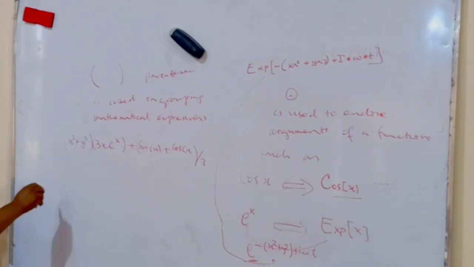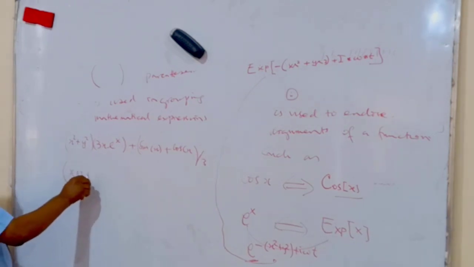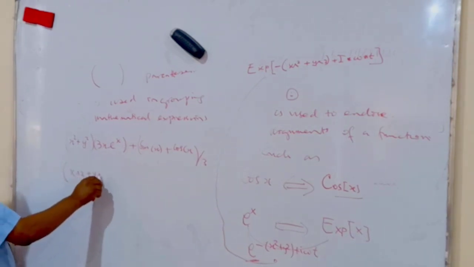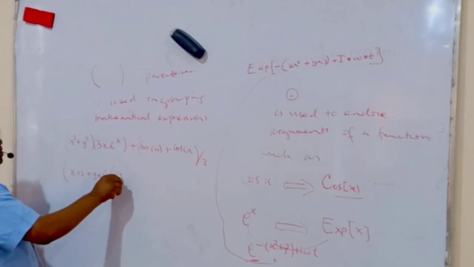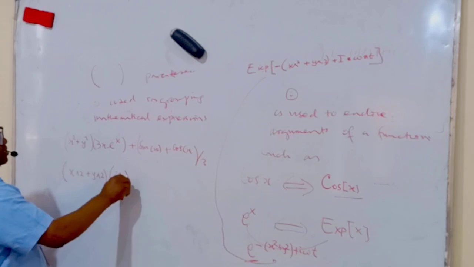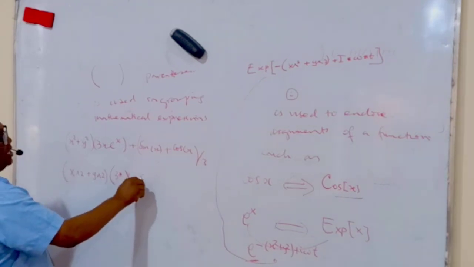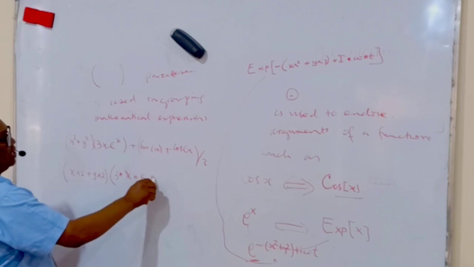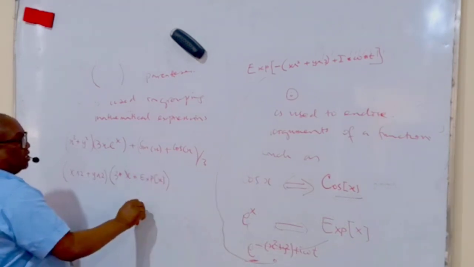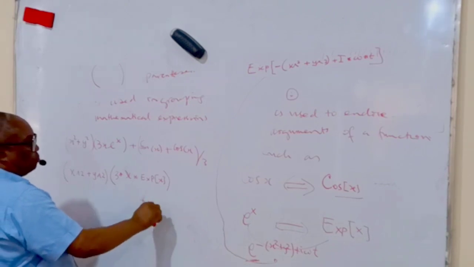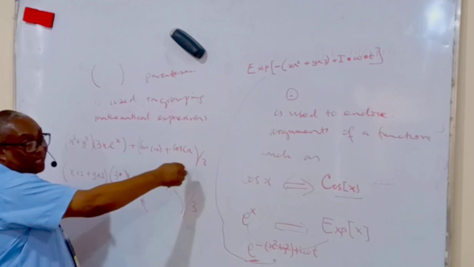And that will give you x squared plus y squared multiplied by 3 times x multiplied by Exp of x. I will close it, then plus. I will open it because there are two things, each of them divided by 3.